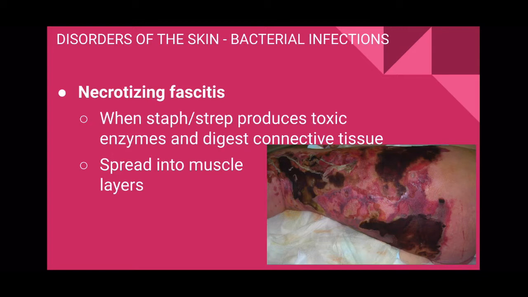So this is a picture of what this type of bacteria can do. Obviously the word necrotizing means that it does kill the tissues that it invades. So this is a very serious bacterial infection.